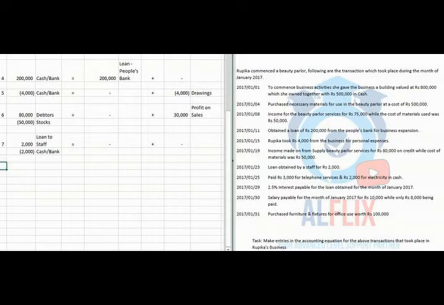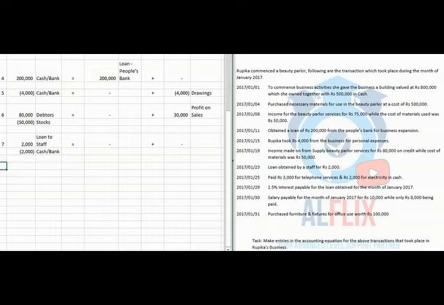This will result in a decrease of assets due to an outflow of assets held by the business, in terms of cash or bank, as this is being paid. Also, it will result in a decrease in equity, since expenses to the business will result in a decrease of equity, which we have learned in a previous session.